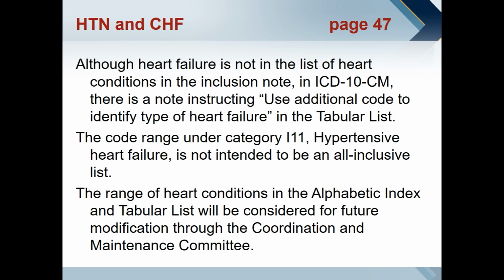The code range under I-11, hypertensive heart disease, is not intended to be an all-inclusive list, but Coding Clinic goes on to admit that perhaps it should be and could be by indicating that the range of heart conditions in the alphabetic and tabular index will be considered for future modification through the Coordination and Maintenance Committee meetings, meaning, optimistically, that the alphabetic index and the tabular list will likely be amended in upcoming years.